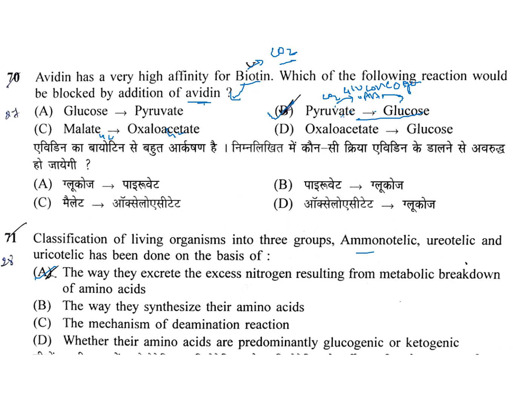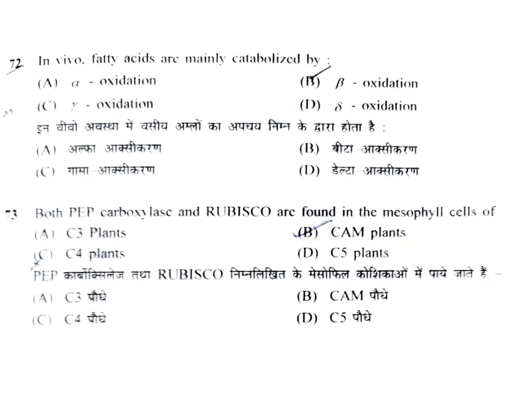Birds and reptiles are uricotelic in nature, and the rest of the terrestrial mammals are ureotelic. In mammals, ammonia is first converted to urea, and then this is released. So those organisms are called ureotelic. This classification is based on how the nitrogen waste is eliminated from the body.